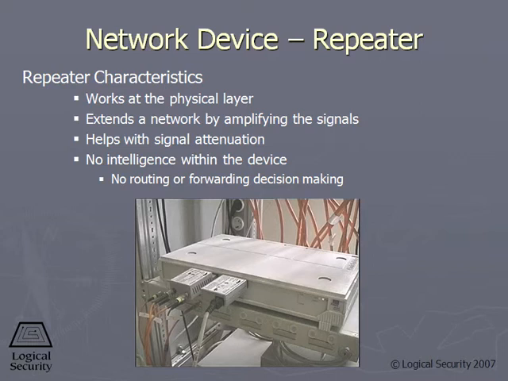So to be able to extend your network, you'll put repeaters there that will amplify the signal so it can get to its destination and be intact, and not at a level of attenuation where the other computer can't understand it. So the repeater works at the physical layer. All it does is amplify signals, and there's no decision making that it carries out.